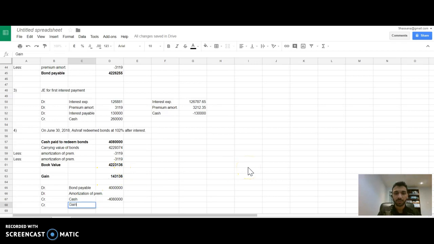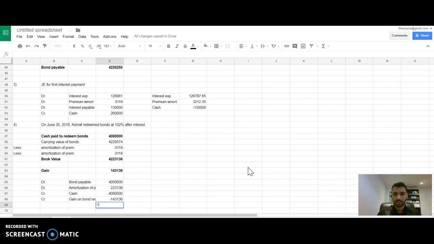So you're going to say gain on bond redemption, and your gain is 143,136. So the difference between these amounts right here is 223,136. And if you add that up, now you get to 0, and your entry is balanced.